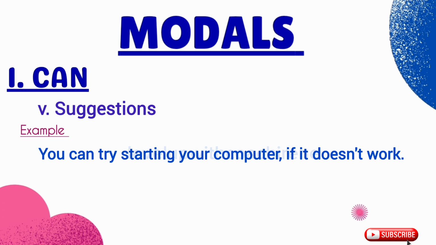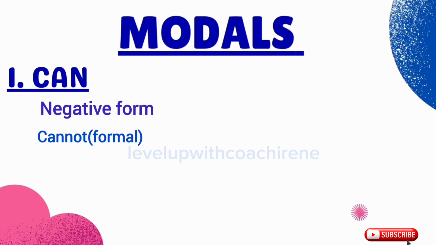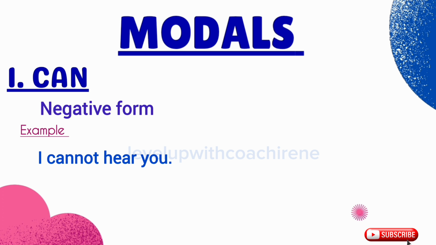Note, the negative form of can is cannot formally and can't informally. For example, I cannot hear you or I can't hear you. Can is essential for expressing a range of meanings in English, from practical skills to polite requests.